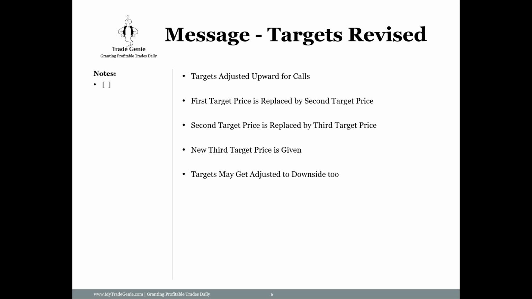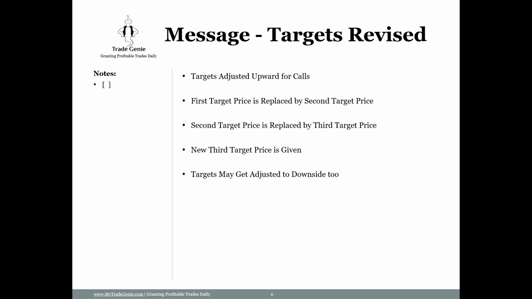I show the target has been hit. The first target, second target, third target, or revised target is not hit. And in my system, I can see which target had been hit, on what date, and what was the option price at that time when the target was hit. Another thing I'm doing, when the first target hit, let's say, and the gains are 25%, I will know, and then I will send you the alert.